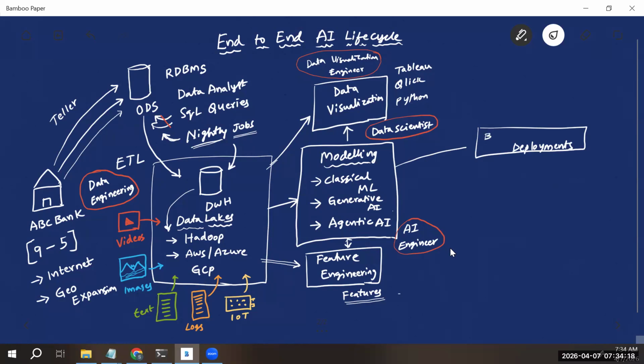The first one is batch deployment, and the second one is online deployment. Now, what is a deployment? Of course, you have created a model, but this model has to be deployed into production.